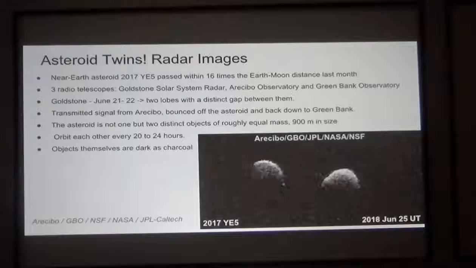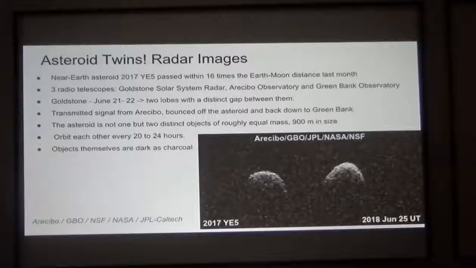A collaboration between 3 radio telescopes detected them, and the Goldstone Solar System radar first discovered them June 21st and 22nd, and it detected 2 lobes with a distinct gap between them.